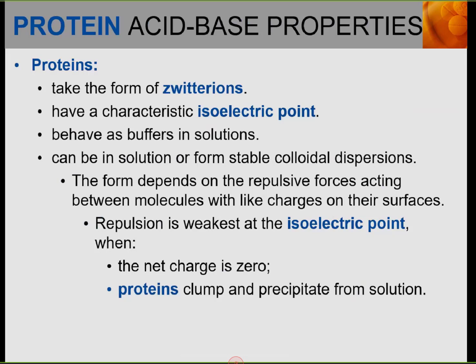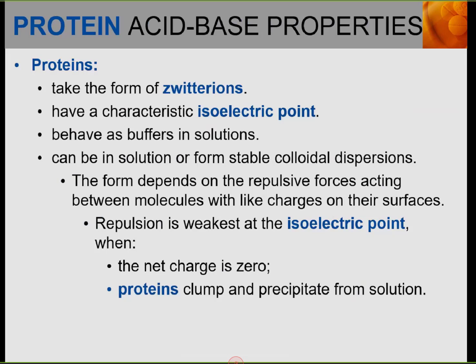Again, they can take a basic solution and turn it into a relatively neutral solution, or take an acidic solution and turn it into a relatively neutral solution. They can be in solution in the form of stable colloidal dispersions. That is, they form micelles, such as you've seen in the chapter we did on lipids and fats.